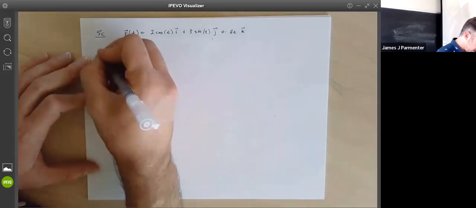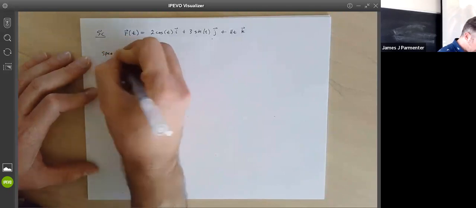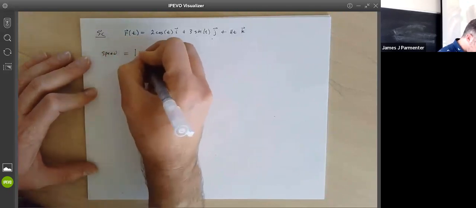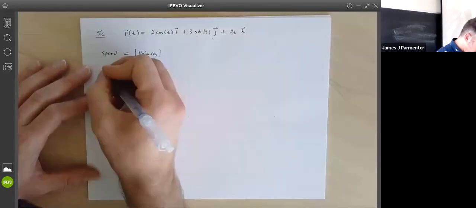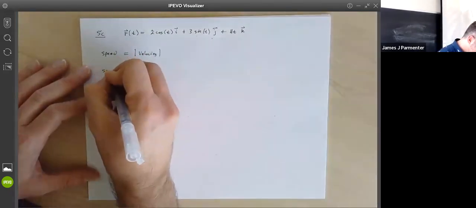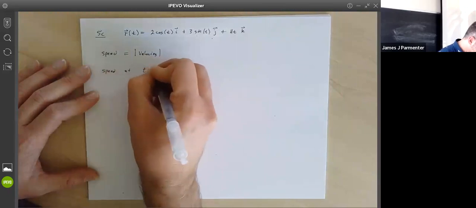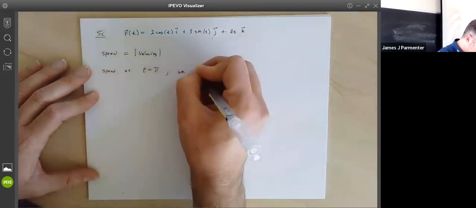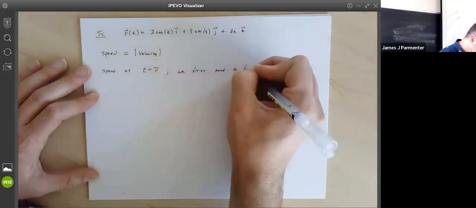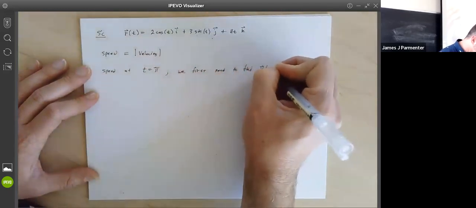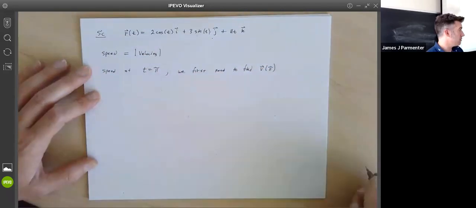So to find speed, speed is the magnitude of velocity. So to find the speed at t equal to pi, we first need to find the velocity at pi and then take the magnitude of it.